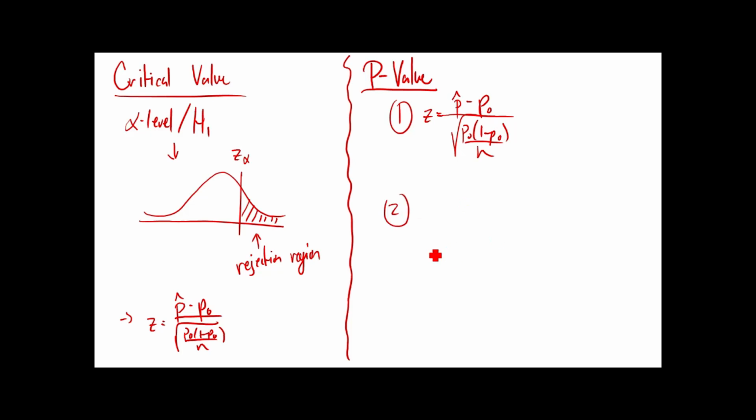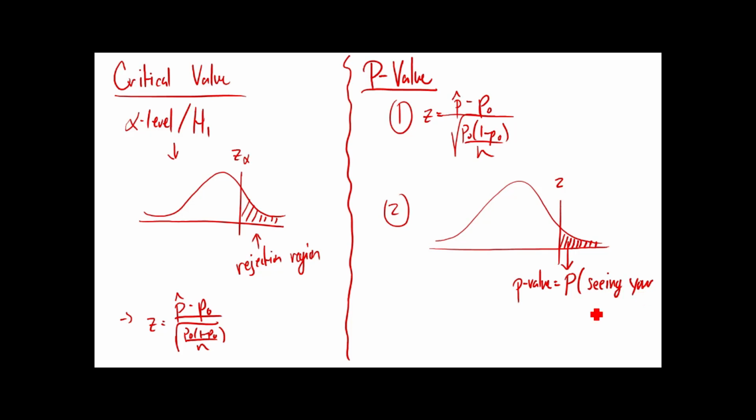Then take that test statistic to your table and see how likely that test statistic is. In other words, calculate the probability of seeing your test statistic. That's what we call the p-value.